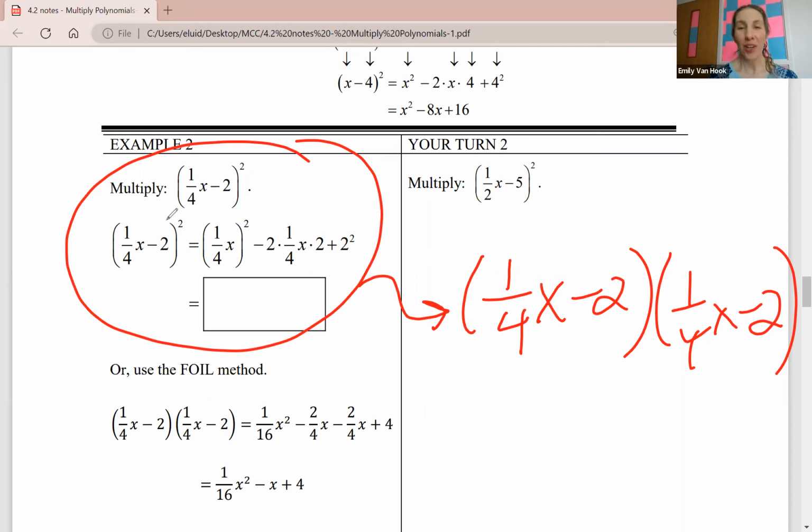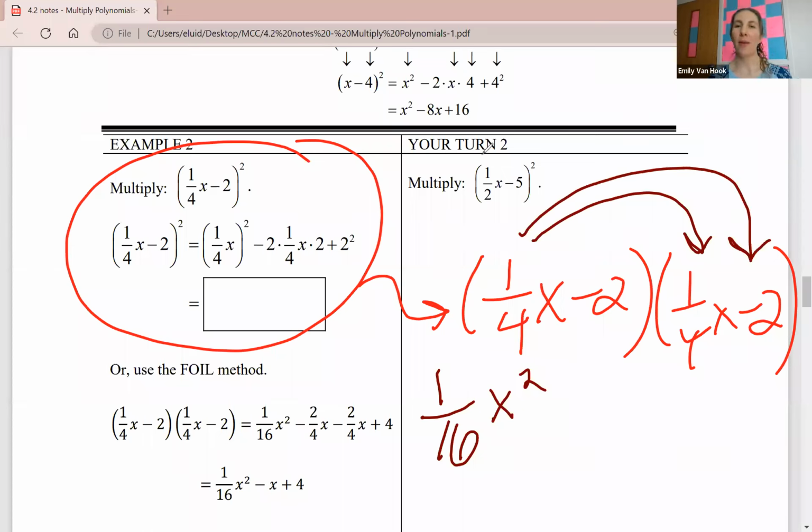All right, so with FOIL, here's what it looks like. 1/4 x times 1/4 x, that's 1/16 x squared. Remember, with multiplying fractions, you just multiply across. 1 times 1 is 1 for the numerator, 4 times 4 is 16 for the denominator. Okay, now for the outside terms, 1/4 times -2, if you can just put it over 1, 1 times -2 is -2, 4 times 1 is 4.